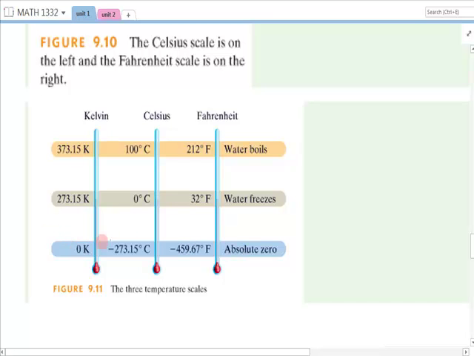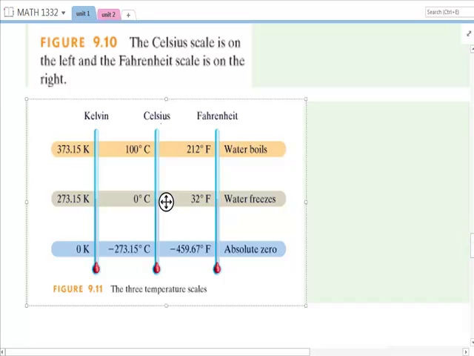All right, so that's the big deal over here, is that we go from 32 to 212. They go from 0 to 100. How nice is that? There's that 100 again, that power of 10. Now Kelvin, this is just a scientific scale. It starts 0 at absolute 0 and then goes from there. Regular, everyday folks don't use the Kelvin scale. The scientists use the Kelvin scale some.